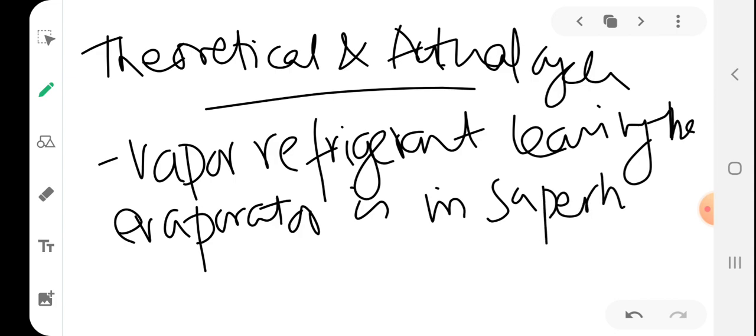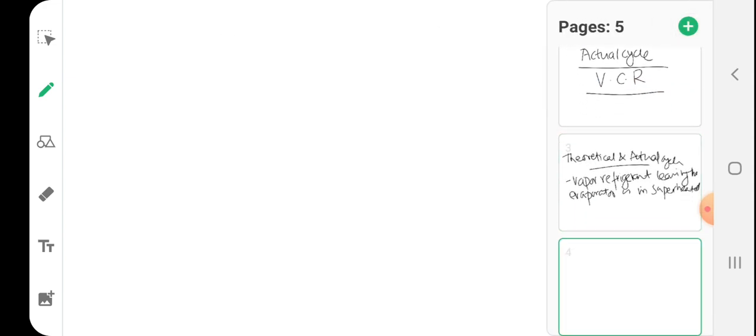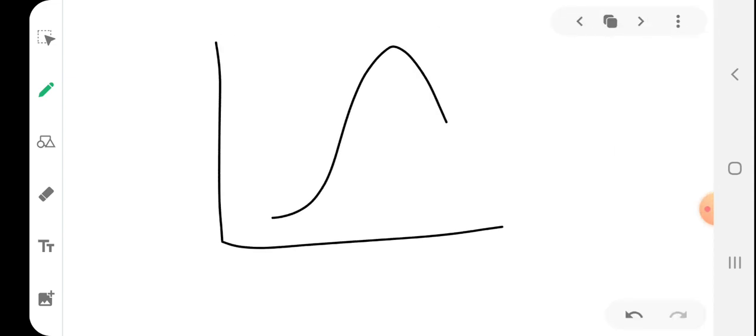So what does it mean? In our theoretical cycle, you can see that the vapor leaving the evaporator is dry saturated, right? Dry saturated. But in the actual case, it will be superheated.